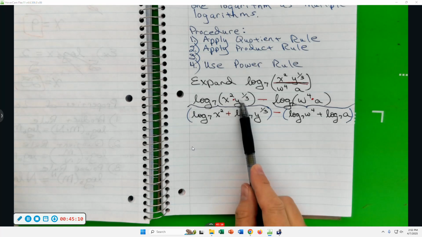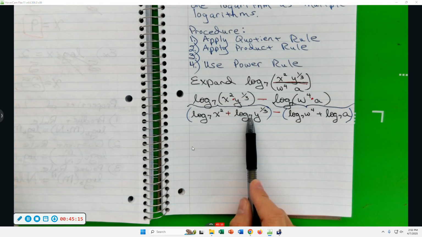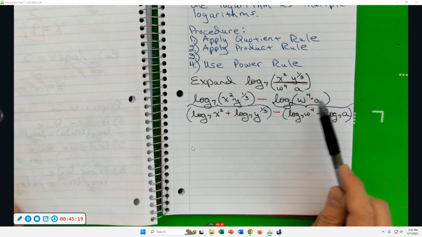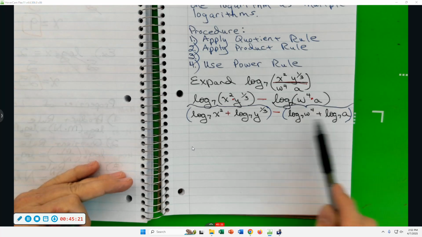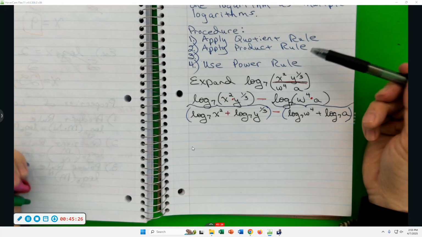X squared and y to the 1/3 were multiplied, so we were able to add the individual logarithms. W to the 4th and a were multiplied, so we're able to add those individual logarithms. We just now applied the product rule.